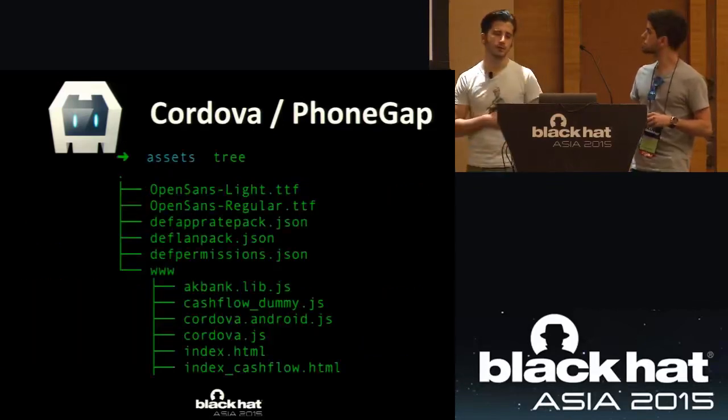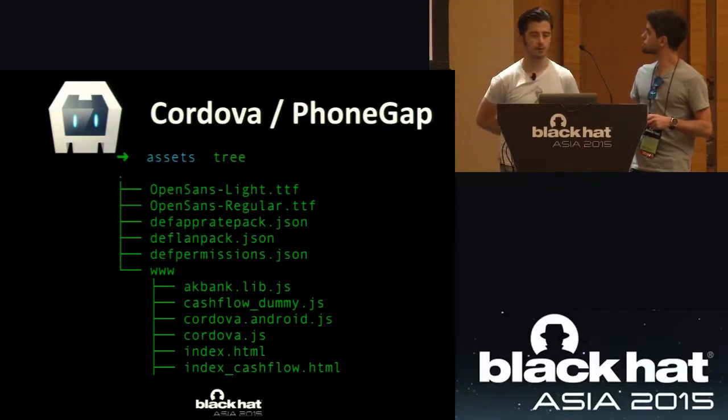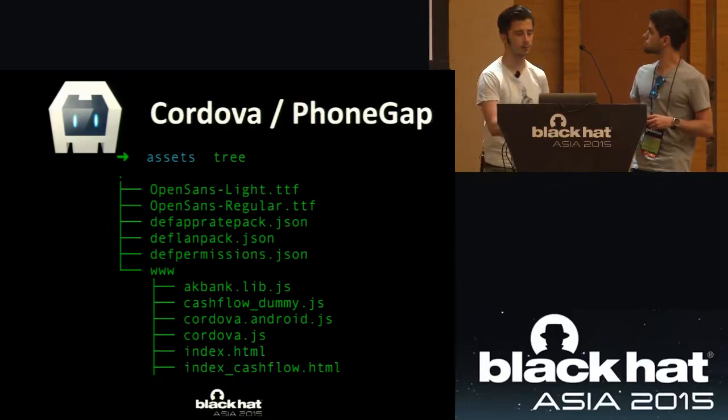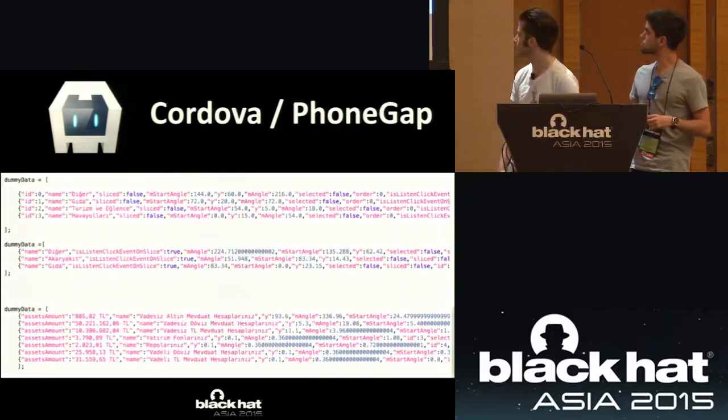On Android, it's the same thing. Here we have another bank application, which has the source code inside of the www folder, inside of the asset one. And as you can see, we can more or less retrieve what the developer embedded inside of the application.